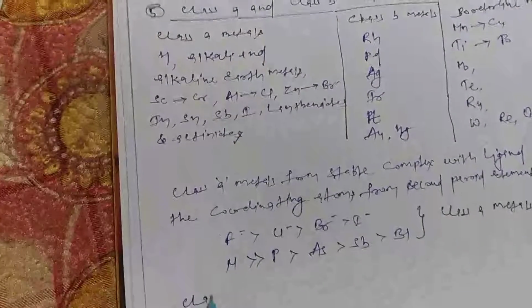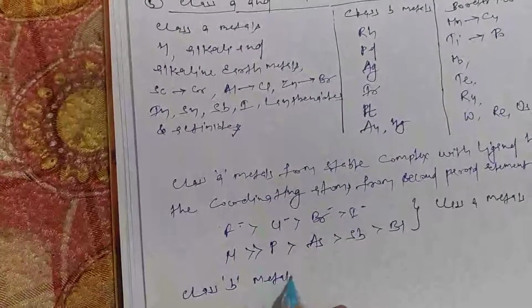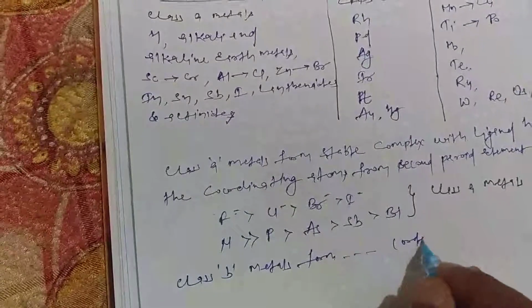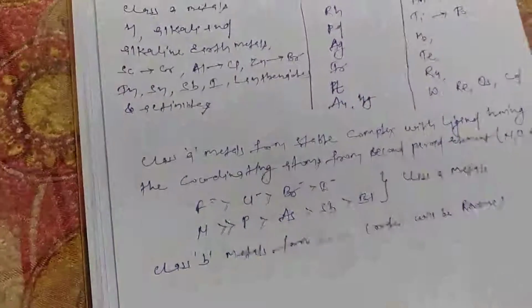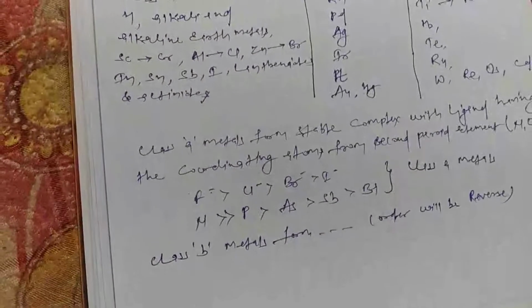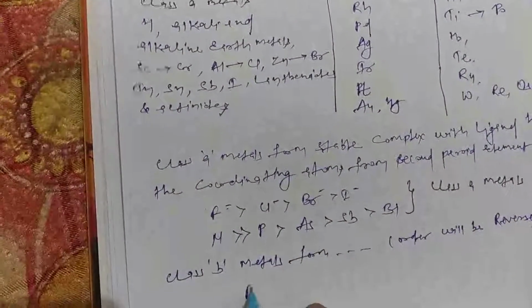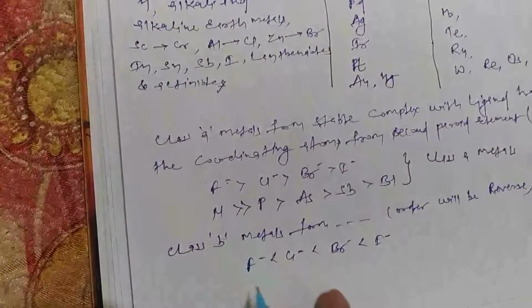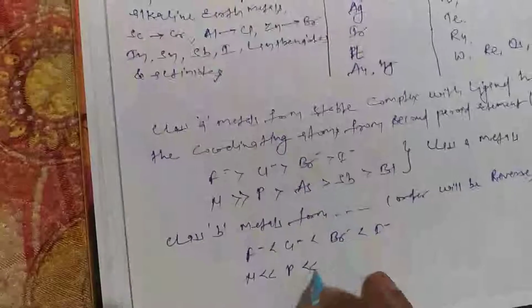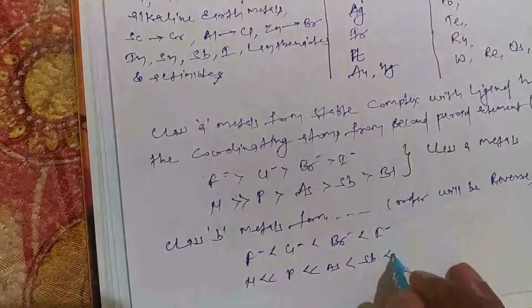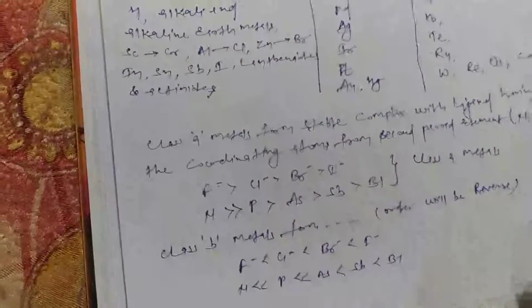Class B metals will give a different order: iodine, then bromine, then chlorine, then fluorine. Similarly bismuth, antimony, arsenic, phosphorus, then nitrogen. So this is for class B metals.